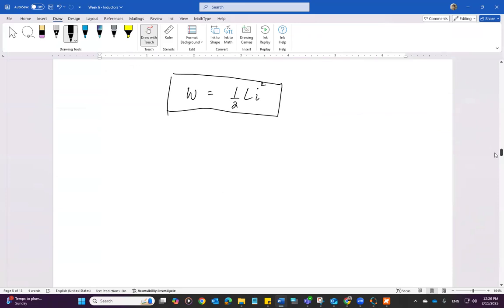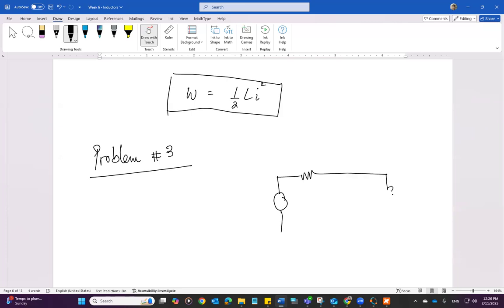All right, let's do one more problem. Let's say we have a resistor and an inductor. Inductor is given as 3 Henry.